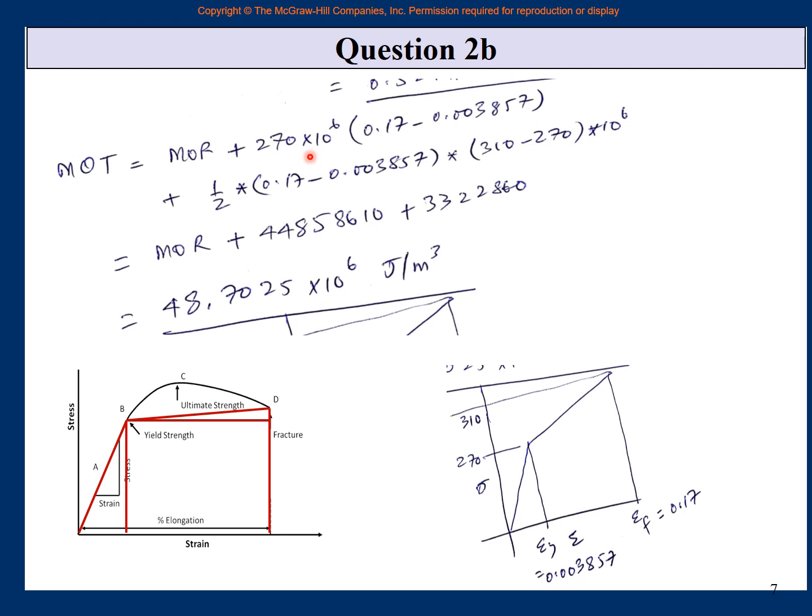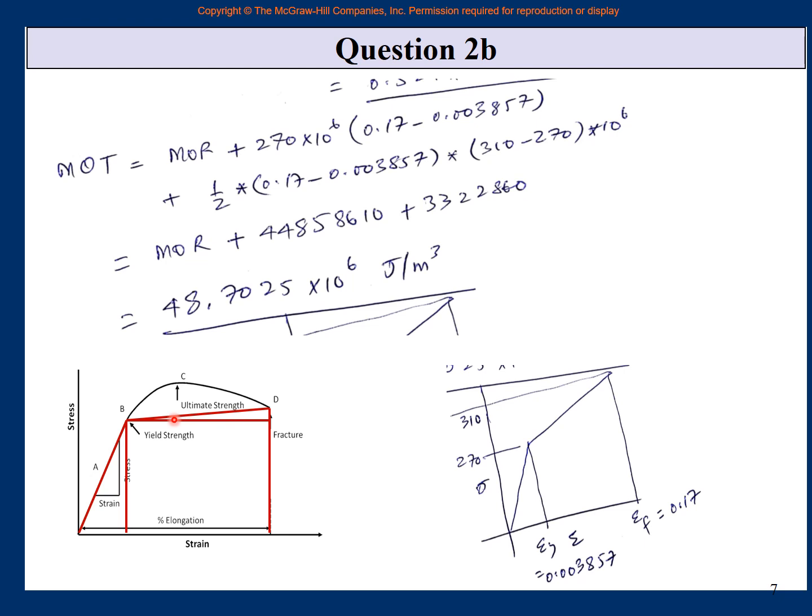This is given, and the total length here is until epsilon f, the fracture strain, minus epsilon y. These two values you have already calculated on the previous page. Epsilon f is given to you, and epsilon y you found to be like this. So this is the area of the rectangle.